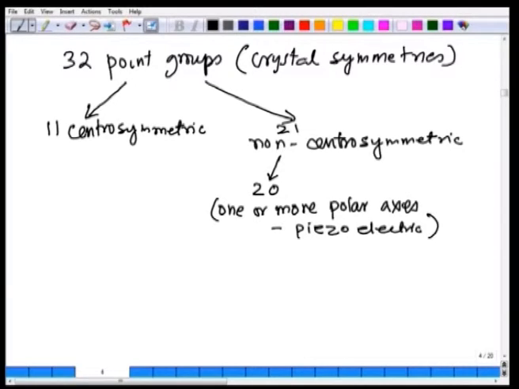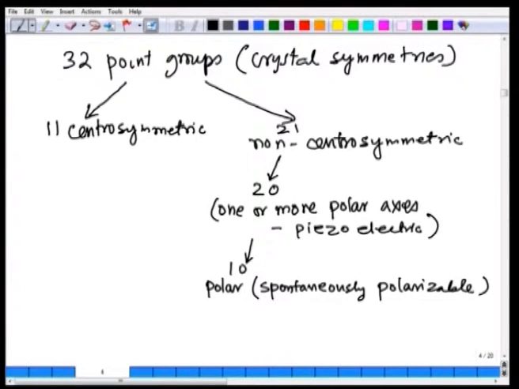Now, out of these 20, there are 10 which are polar, and these are the ones we are interested in, and they can be spontaneously polarized. Spontaneously polarizable.